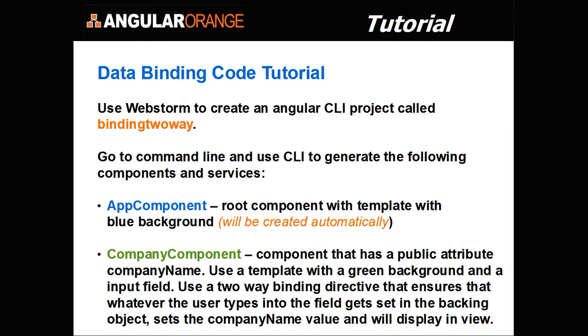And then you'll have a company component that has a public attribute called company name. We're going to use this template and style it with a green background and put an input field in the template. We're going to use a two-way binding directive that ensures that whatever the user types into the field gets set to the backing object, sets the company name value, and will display in the view.